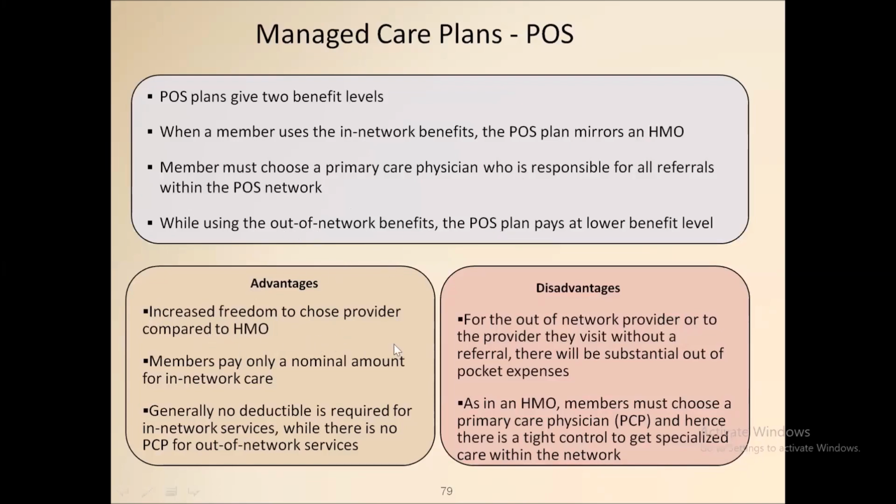The advantage is increased freedom to choose a provider compared to HMO, and the member pays only a nominal amount on in-network care, and generally no deductible is required for in-network services. There is no PCP concept if you want to go out-of-network. No need to see a PCP. That's the advantage. But the disadvantage is if you go out-of-network, you will end up paying high out-of-pocket expenses. As with an HMO, the member must choose a PCP, that is also one disadvantage.